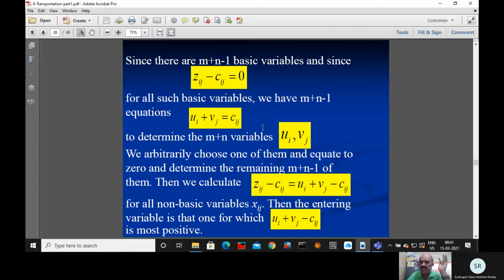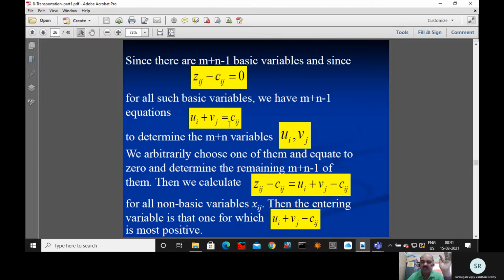So if xij is not equal to 0, then ui plus vj equals cij. This is one equation, in which our unknowns are ui and vj, and cij is the cost coefficient given in the transportation problem.